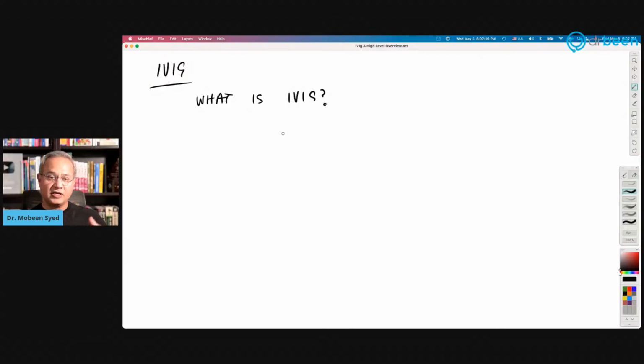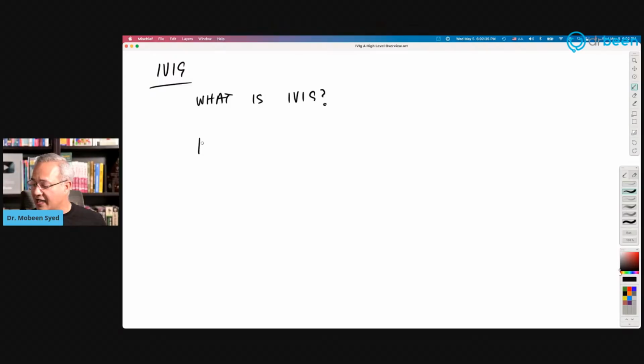So what is IVIg? How is it made? And what is the use of it? And what is the difference between subcutaneous immunoglobulin and IVIg? So that's what we're going to talk about. Let's start. It is going to be a little less structured because I have not already organized it. So please bear with me, and I think we'll be okay.